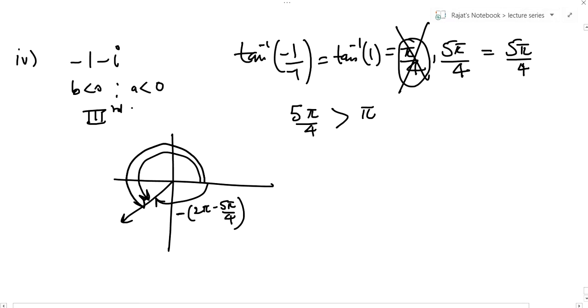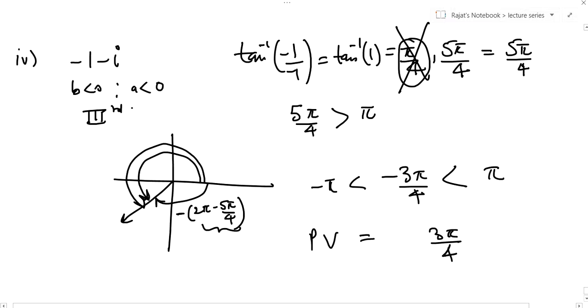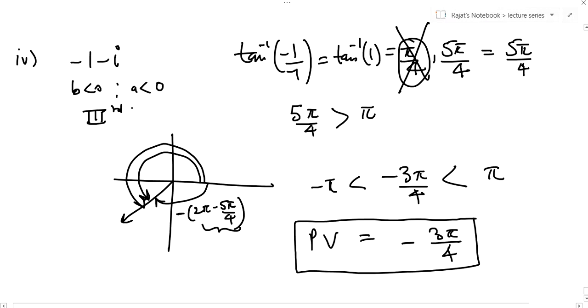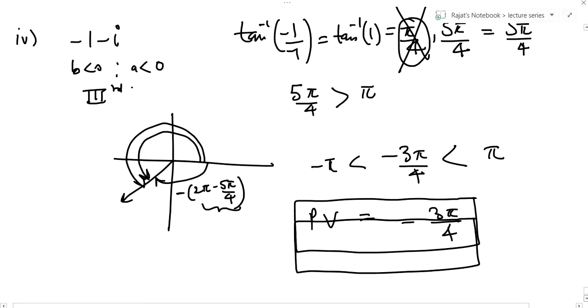So this value will be 2 pi minus 5 pi by 4, which is 3 pi by 4, and we put a negative sign because we are moving in the clockwise direction. So we get minus 3 pi by 4, and this lies between pi and minus pi. So the principal value is minus 3 pi by 4. Okay, so this is the basic idea.